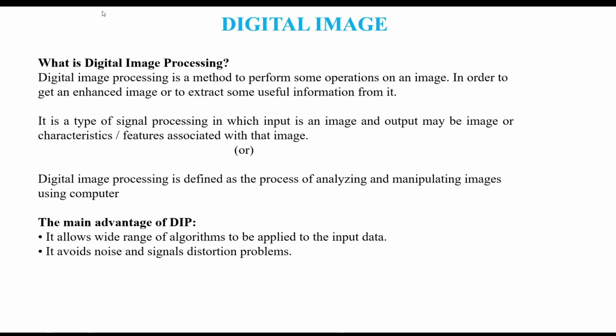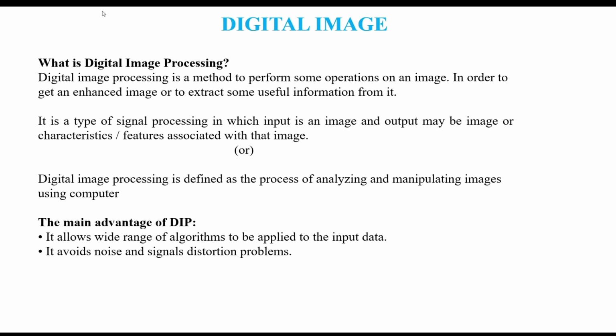Okay. And we can also say that digital image processing is defined as the process of analyzing and manipulating images using a computer. Generally, we use our computer, and by using it we manipulate or analyze the digital images.